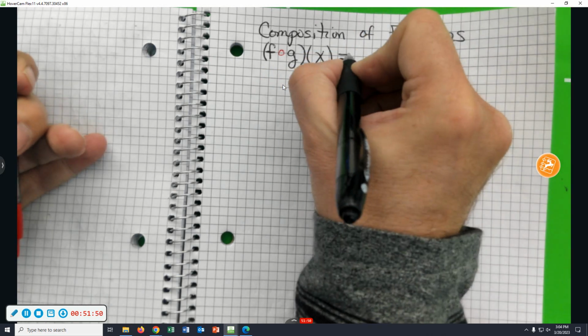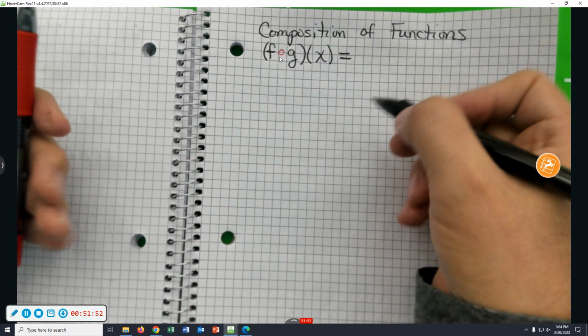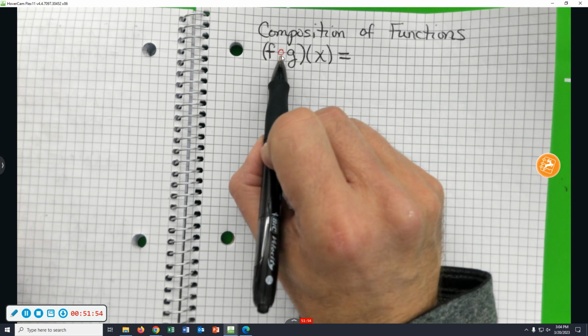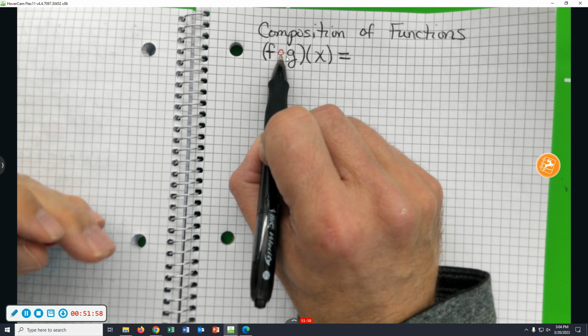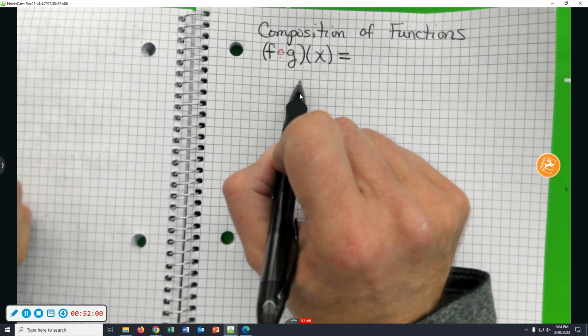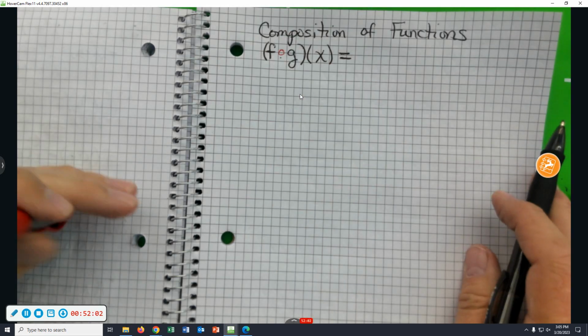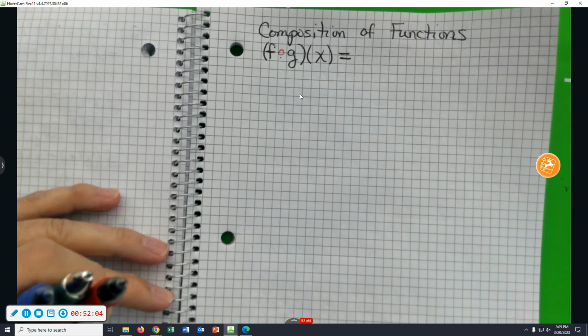So they had to come up with a new symbol to represent composition, and there it is. They used a little circle: f composed with g. It looks like I've written fog there.